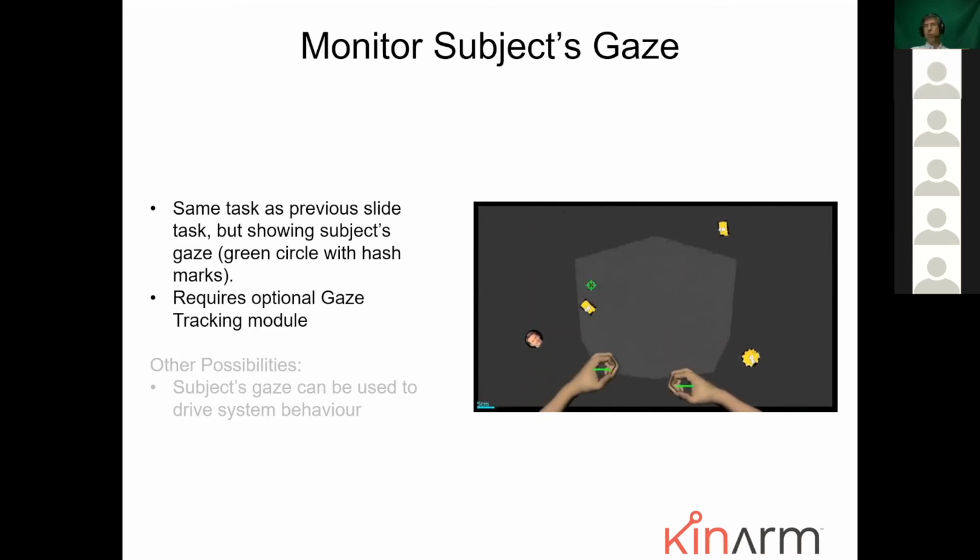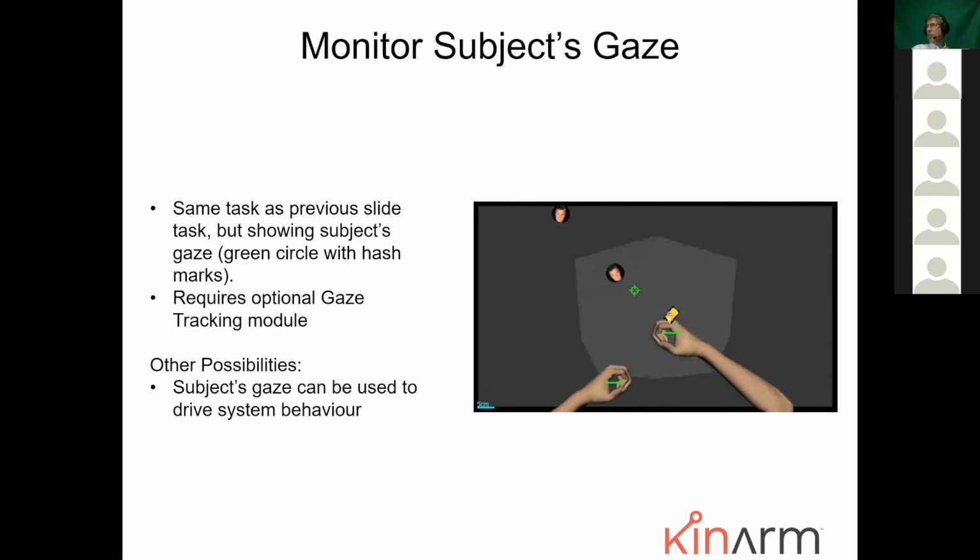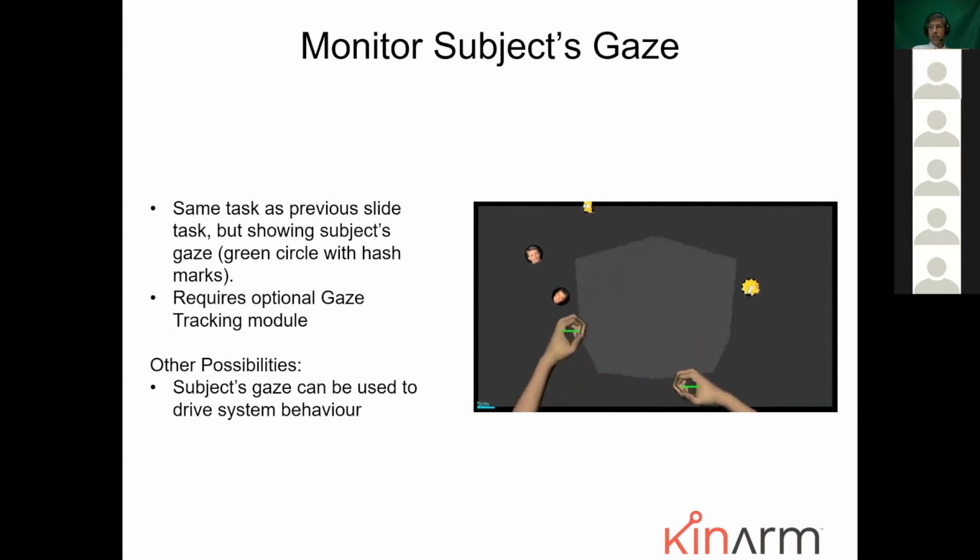One caveat I will add is that the gaze tracking region is limited to the middle part of the workspace because of the way that gaze tracking works. As I mentioned earlier, the Kinarm Gaze Tracker is fully integrated, so the subject's gaze can be used to drive system behavior if you were to get this module.